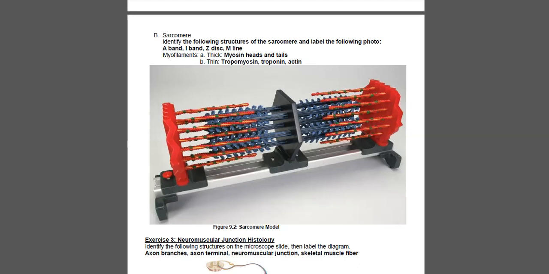It looks like a golf club with the shaft running along the fiber and the heads sticking off. The thin filaments are these up here. The actin is the more structural part of the fiber. That's the red. The tropomyosin is the yellow. And the green dots or balls are the troponin.